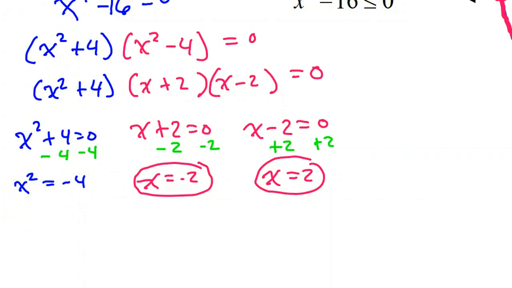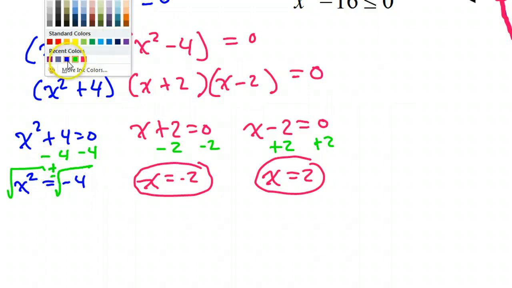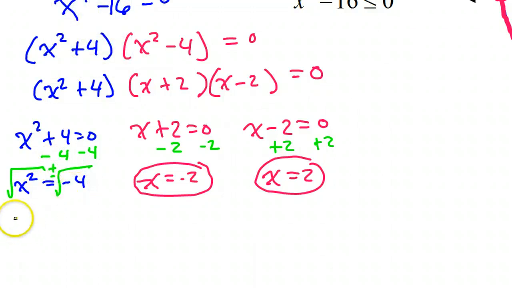Or another way to look at it is, if I continue to solve this, I would take the square root of both sides, and I'd do plus or minus. But what happens when you take the square root of a negative number? You get imaginary numbers. So this would be plus or minus 2i. So these imaginary solutions are not x-intercepts. They don't show up on the graph. So that's why we will only have these two x-intercepts.